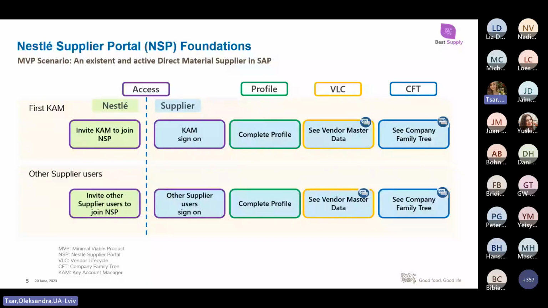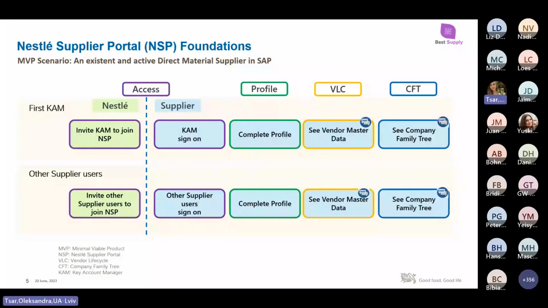So you will be able to see all subsidiaries or parent vendors, and also use certain chat functionalities and change requests. If you notice that something is not correct in our system, you will be able to maintain it and bring the correct data to us.